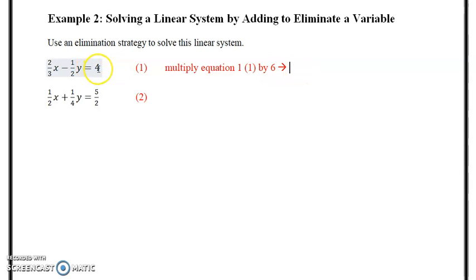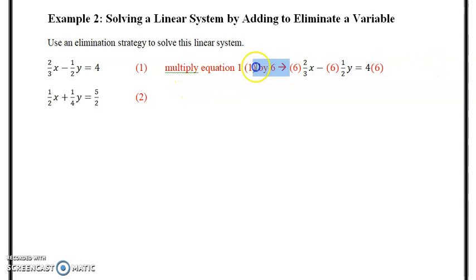When we do that, everything has to be multiplied by 6: the first term, the second term, which is the y term, and the constant at the end. Oh, that's a 4, obviously that should be a 6. Got that. We'll clean that up in a minute.